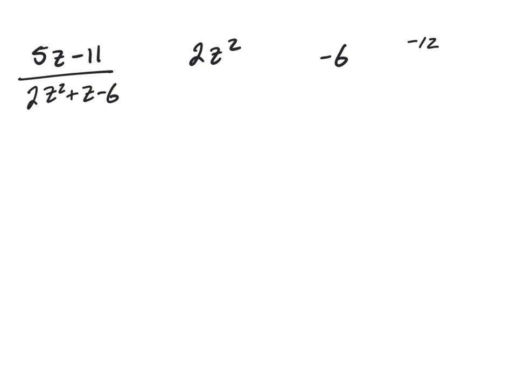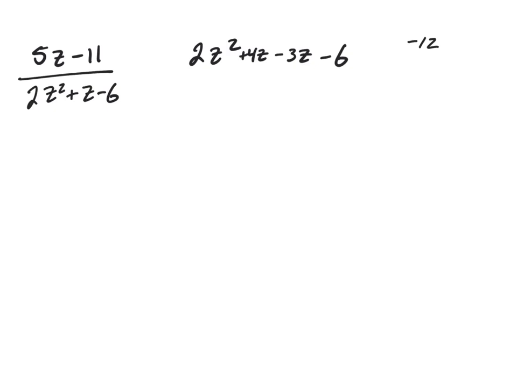We're going to go ahead and split our middle term, and what we're going to come up with is plus 4z minus 3z. So 4 times negative 3 is in fact negative 12, and 4 plus negative 3 is in fact a positive 1.